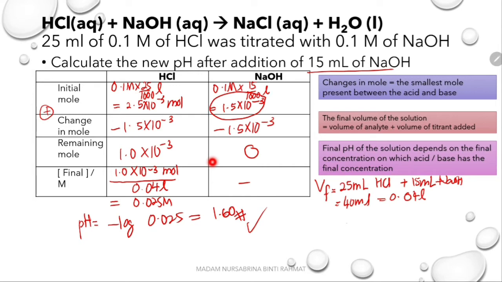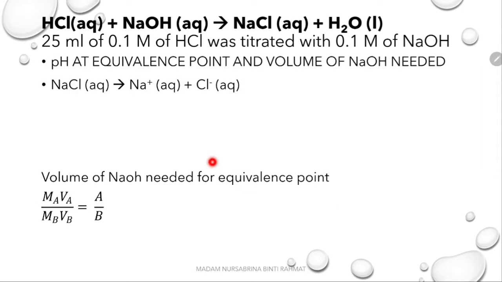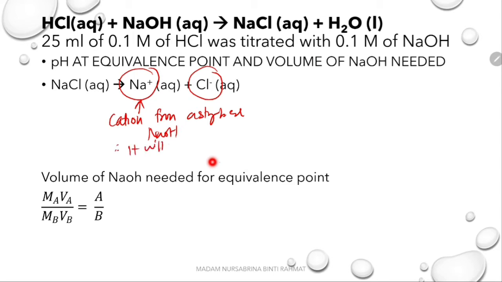What will happen at the equivalence point? We have 25 milliliters of HCl titrated with NaOH. The titration reaction produces NaCl, which consists of Na+ and Cl-. Na+ is a cation from a strong base, NaOH, so it will not hydrolyze in water.